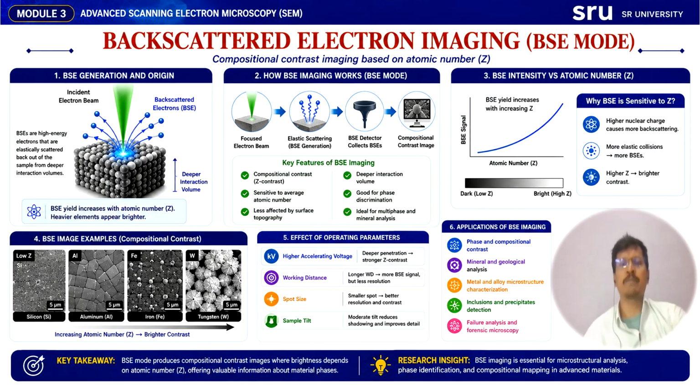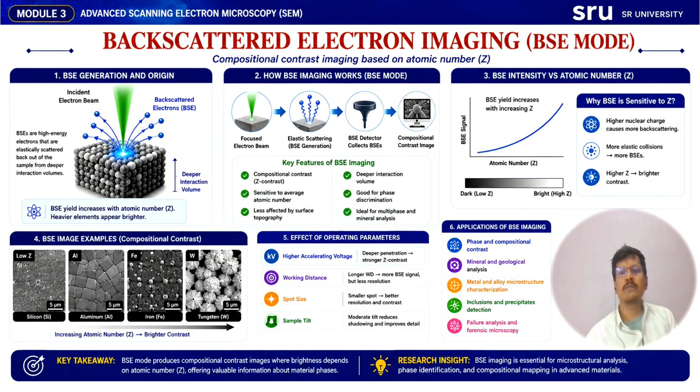The key concept behind backscattered electron imaging is its dependence on atomic number. Materials containing heavier elements scatter electrons more effectively than materials containing lighter elements.